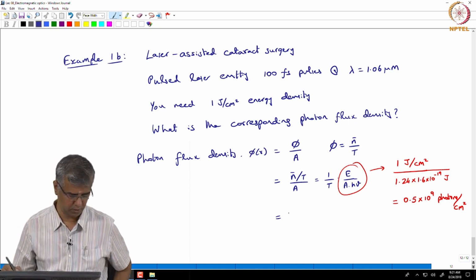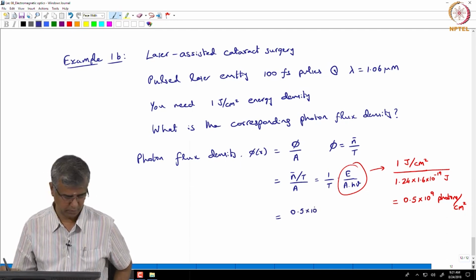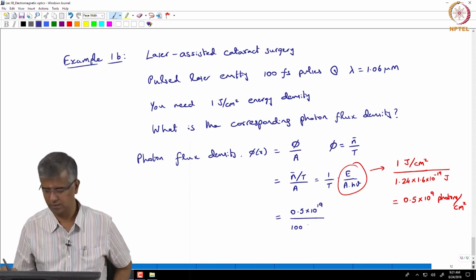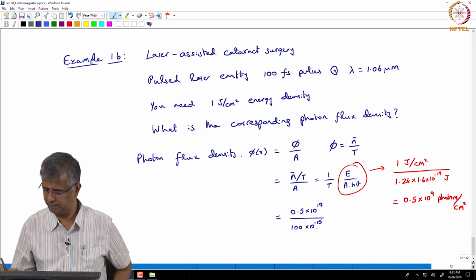So that will be the quantity here, and to get the photon flux density, you just substitute that into this other expression, which is basically 0.5 into 10 power 19 over the time. The interaction time here is 100 femtoseconds, right. So 100 into 10 power minus 15.